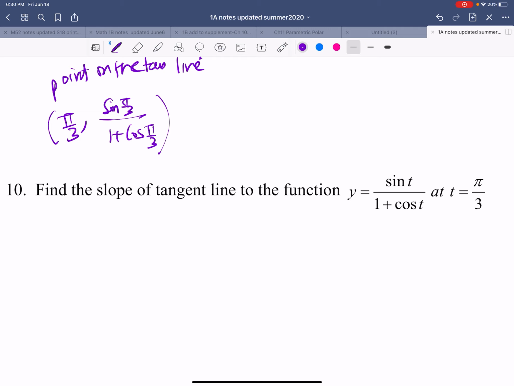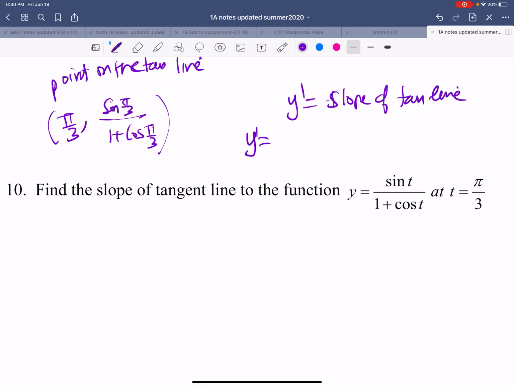And we also need the derivative y prime. That's going to be the slope of tangent line. So let's go ahead and start by finding the derivative.